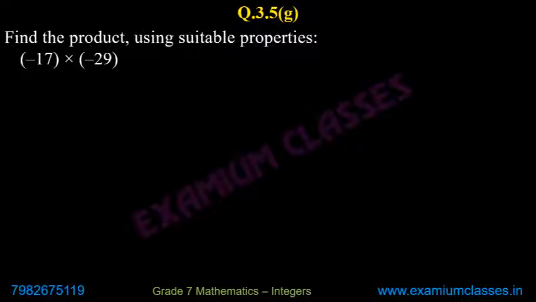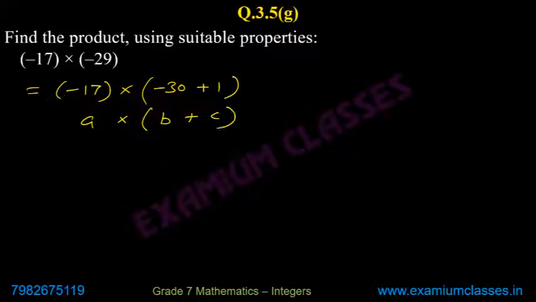Good. So basically you will rewrite it as minus 17 multiplied by this one. Minus 29 you can write as minus 30 plus 1. And then you can apply distributive property as A into B plus C. It will be minus 17 into minus 30 plus minus 17 into 1.